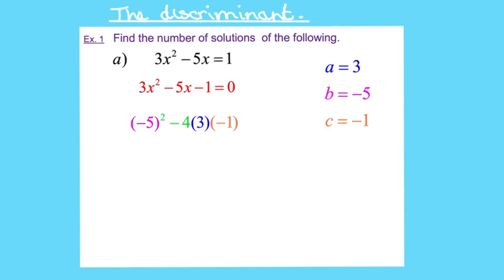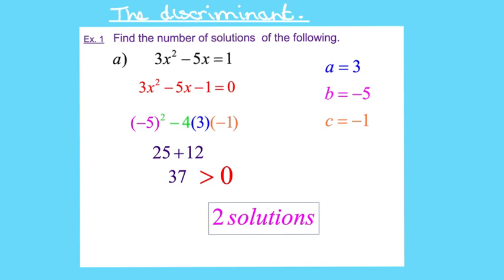Put into the equation b squared minus 4ac. So you get minus 5 squared minus 4 times 3 times minus 1. So you get 25 plus 12, which is equal to 37, which is greater than 0. Therefore, you have two solutions.